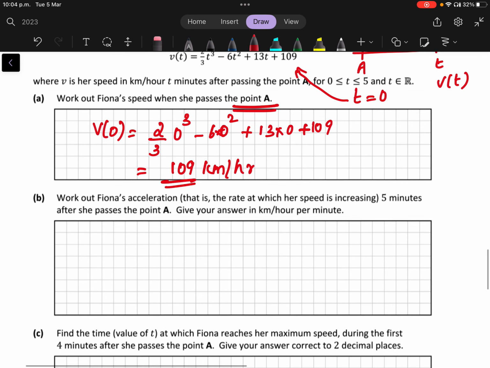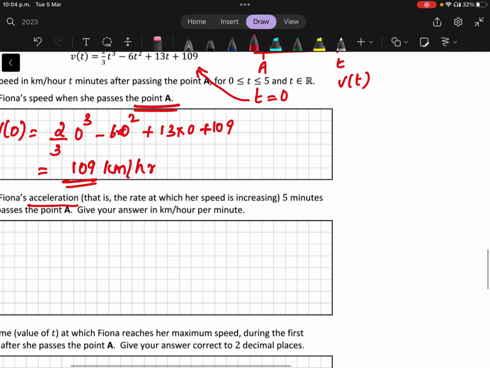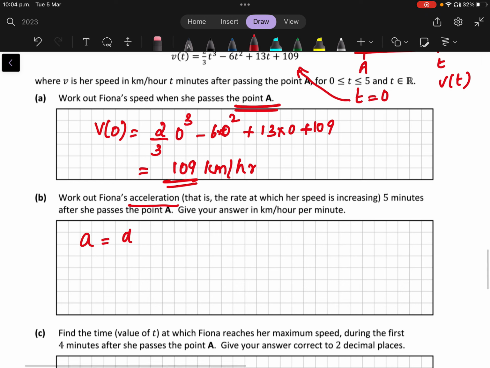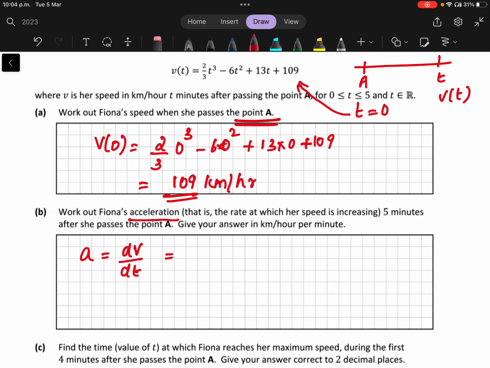Now the second one, work out Fiona's acceleration. So what is acceleration? Acceleration is equal to dv over dt. You have to differentiate this. So differentiating this, you will get 2 over 3 times 3t square, it's a normal differentiation, minus 6 times 2t plus 13. The 3 and 3 will get cancelled, and this will become 2t square minus 12t plus 13.